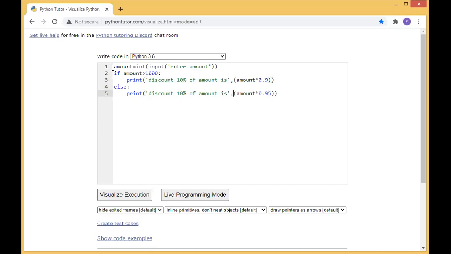So this is the program. Here the discount is 5%, because else means that will be 5%. So I will show the output now.